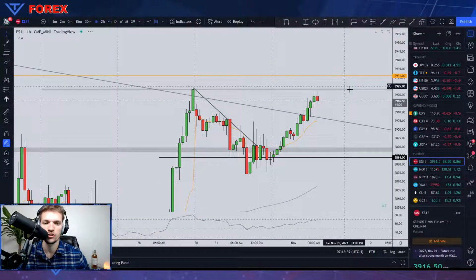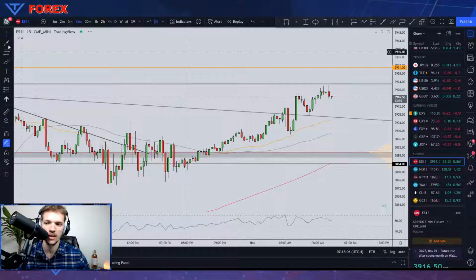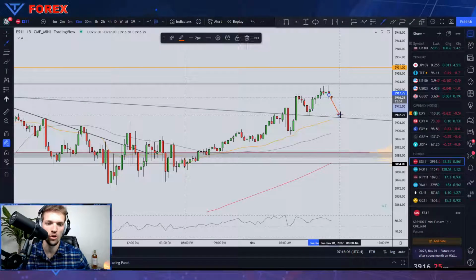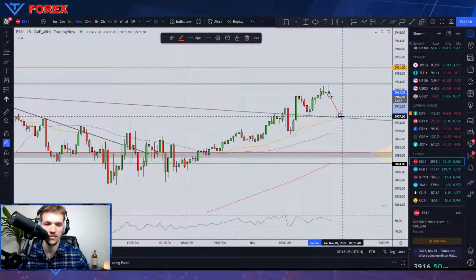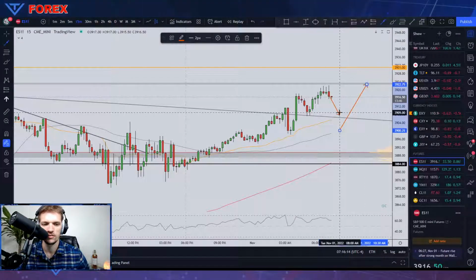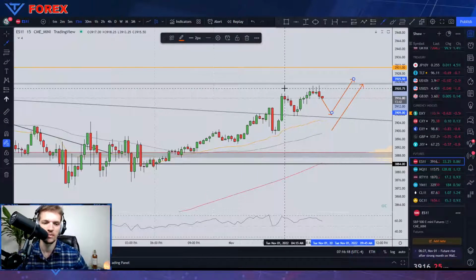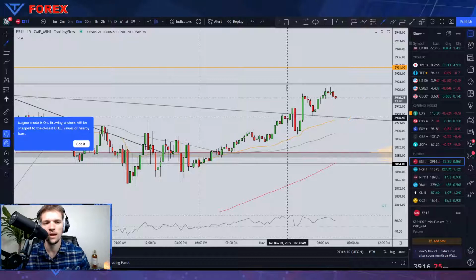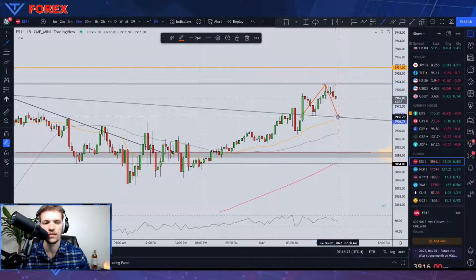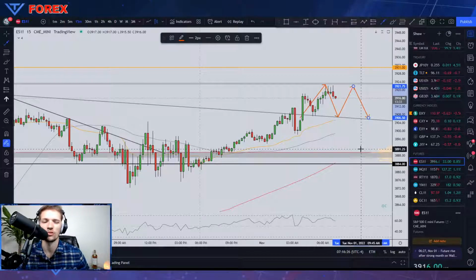Not sure we get much out of it. But if I were to play the equities, I would be looking for longs off of 39.07 and then back up at 3900 here, back up towards the highs. So that could be an idea. I think we get chopping in here until 10 o'clock JOLTS. That'll give us that 4-hour close.